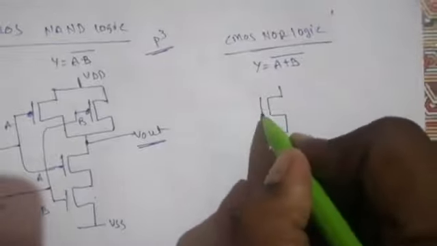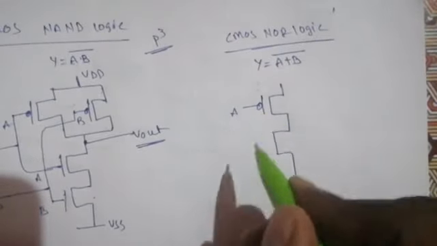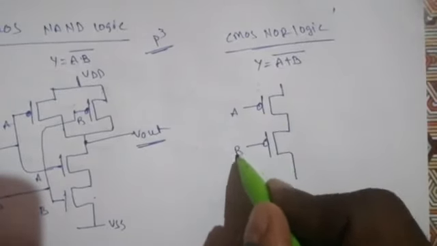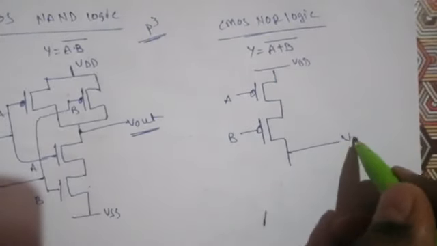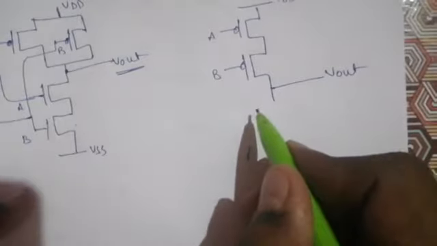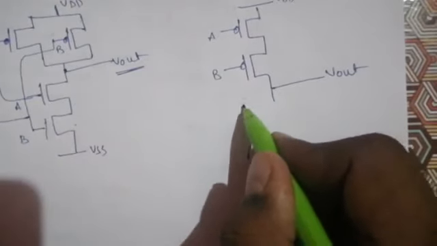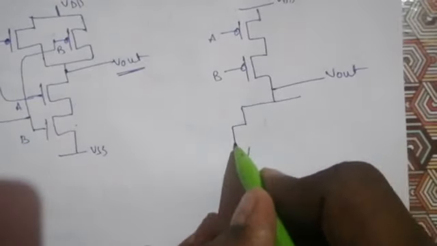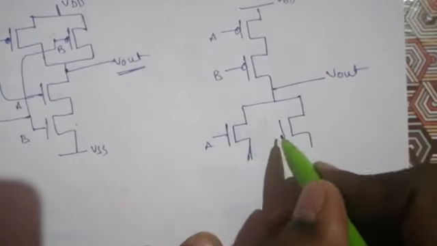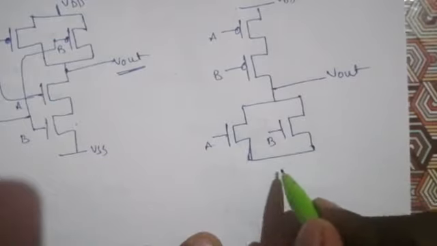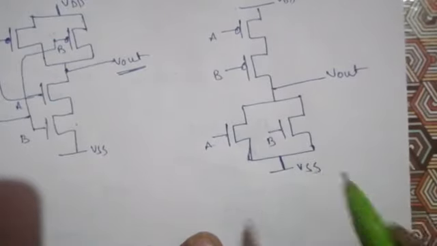So A, this is B, VDD. In between you can connect the corresponding output voltage. Below, for the serial terms, here parallel connection. So we can connect here in parallel. This is A and here B term. These two are shorted. This is connected to the VSS.